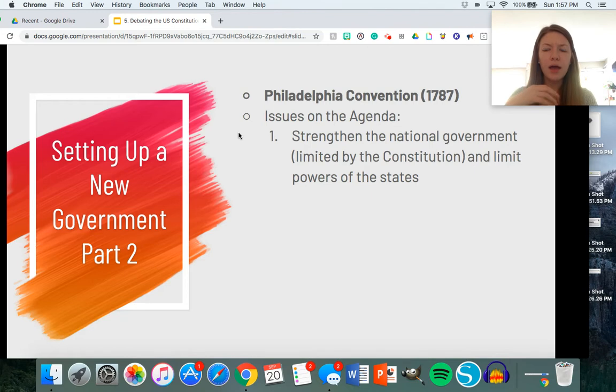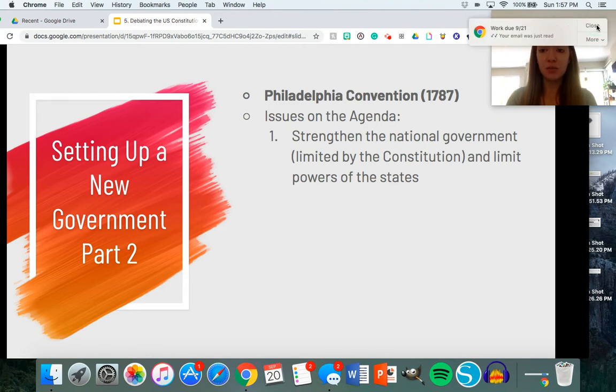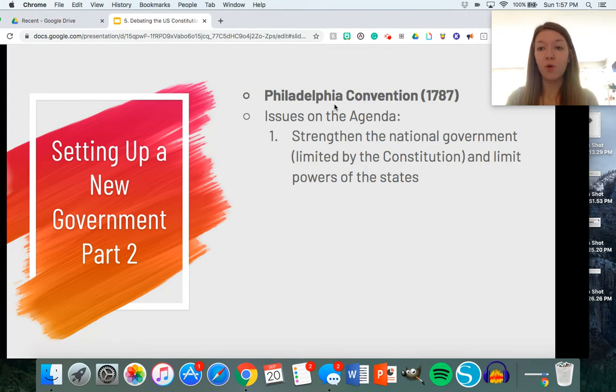And I do want to make a note here that just because there was a consensus that something needed to be done about the Articles and the fact that they didn't work, that does not mean that we were all in agreement on how it should be done, which is why we see all of these debates and compromises and negotiation.